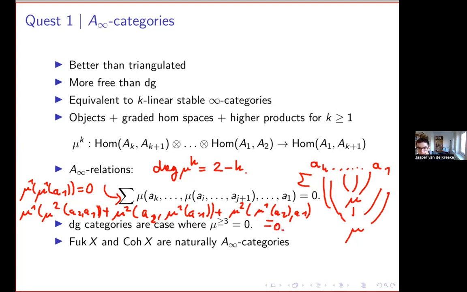Raise your hand if you recognize this relation somehow. Who of you recognizes this? No one recognizes this. I suppose some people here recognize this. Okay, this is just the Leibniz rule for mu1 combined with mu2. So it says that mu1 should be a derivation with respect to the product mu2.